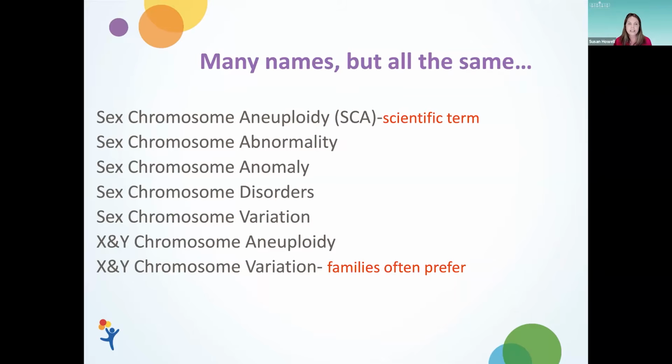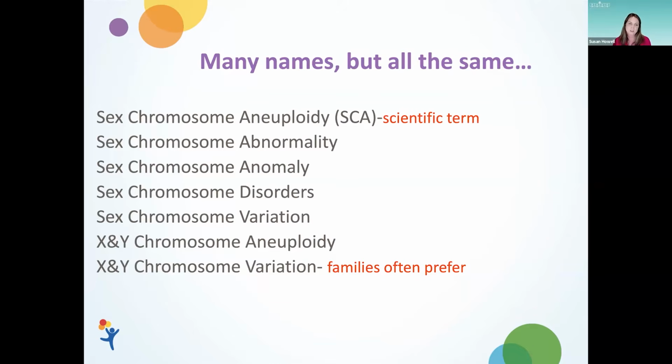So collectively, these X and Y variations are given many different names, but for all intents and purposes, they're all relatively the same. Sex chromosome aneuploidy is a term that's more commonly used in the scientific community and in the medical literature, but we can use the terms sex chromosome abnormality or anomaly or disorder or variation.